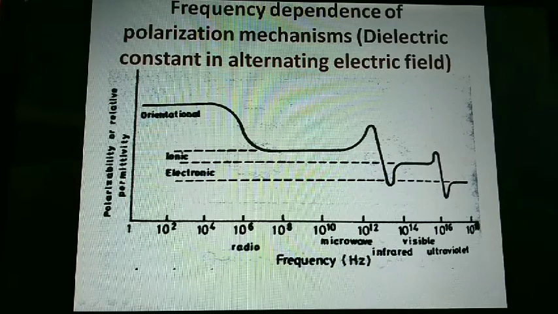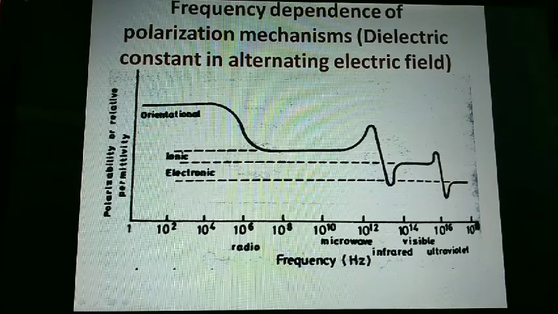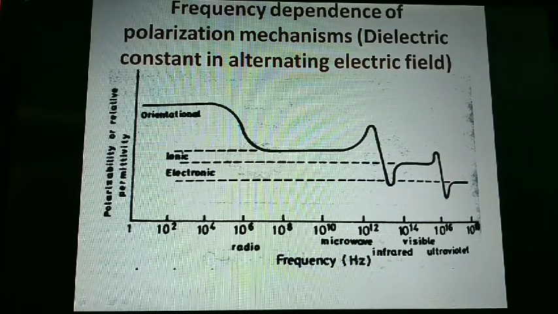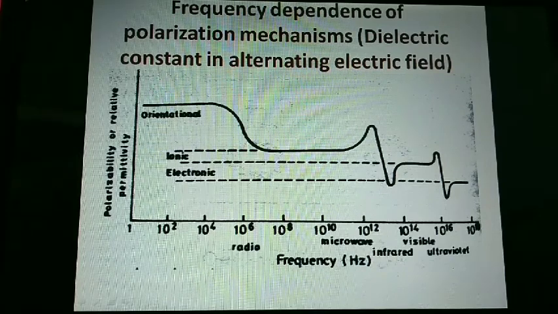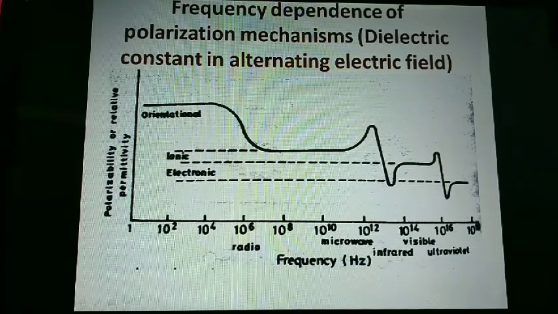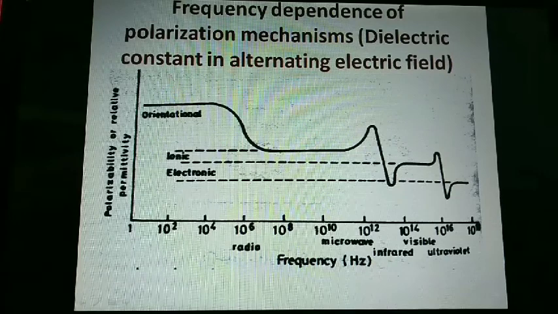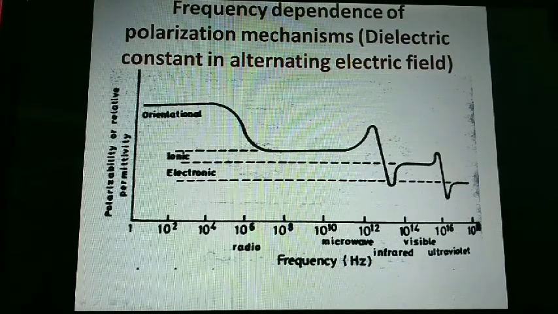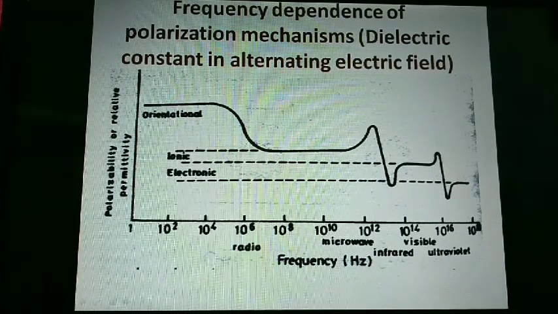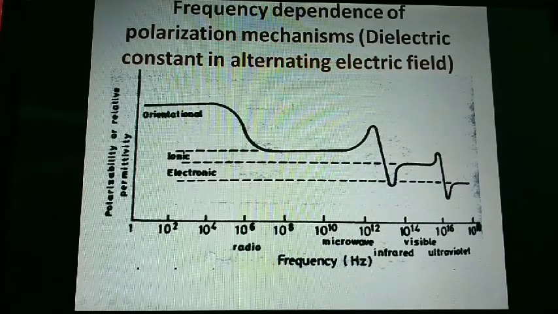So when a dielectric material is subjected to an alternating electric field of certain frequency, for the smaller values of the frequency, dipoles can reverse their orientation every time when polarity of the field changes.